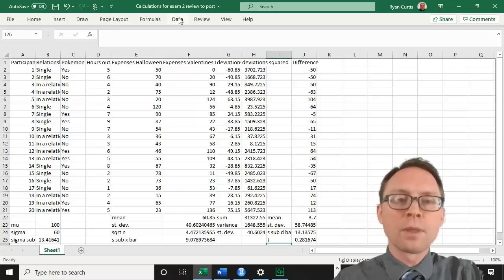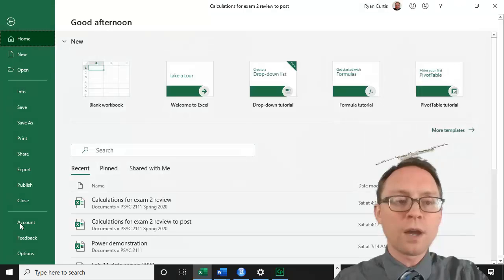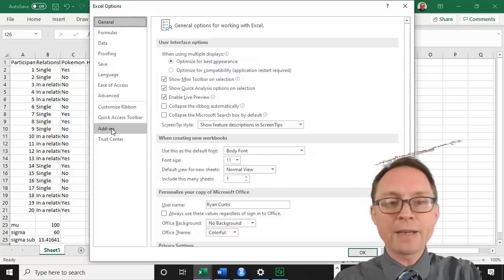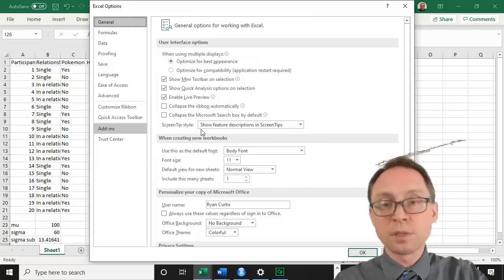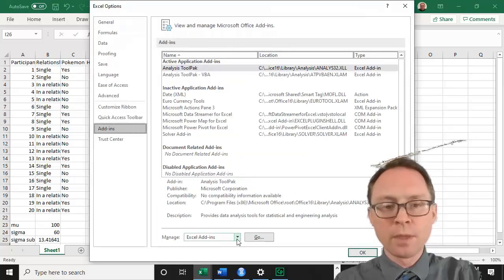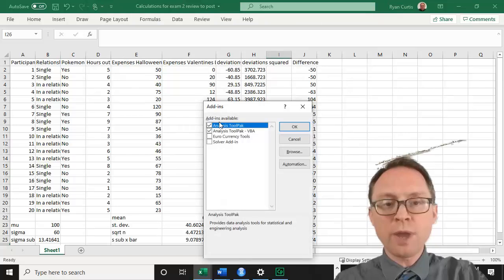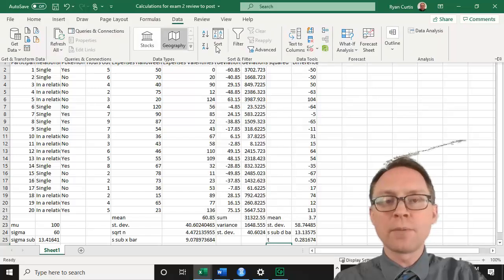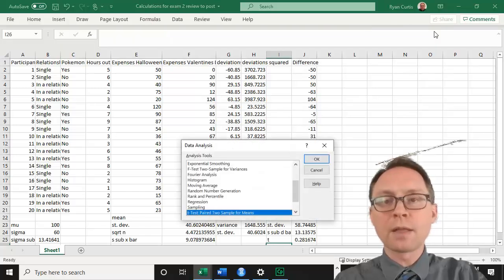There's another way to do this. If you have already in your Excel gone to File, Options, Add-ins, and this is a little bit different on a Mac, I understand that, and you manage your add-ins, and you have Analysis ToolPak checked, then you have this special option under Data, Data Analysis.